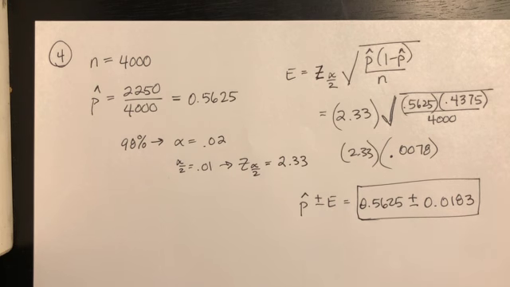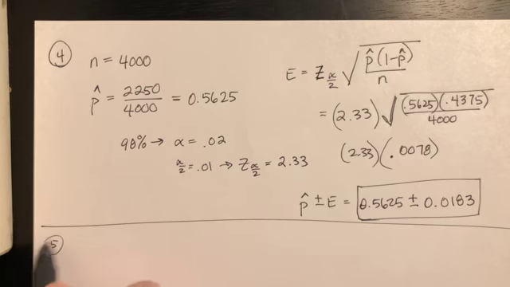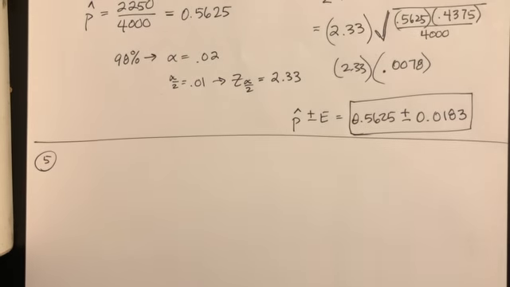There we go. And I'm going to check that answer. Number 4 is D. And it looks good. I rounded it to 0.0183. They had 0.0182. That's okay. It's really, really close. Okay, so that's confidence intervals, babies.